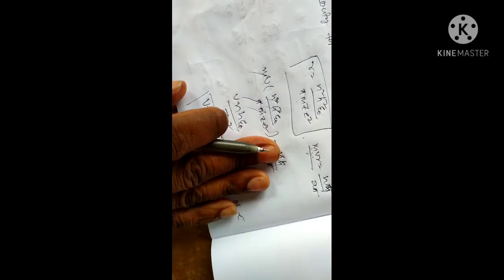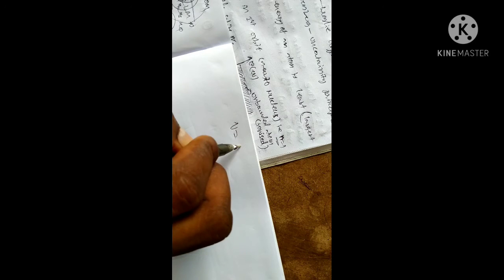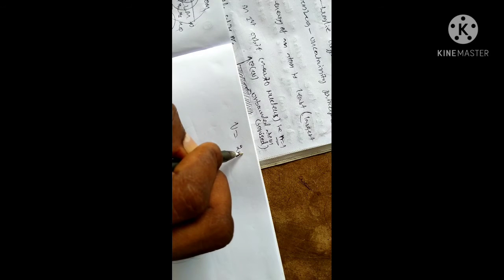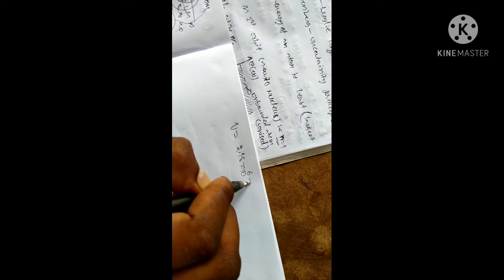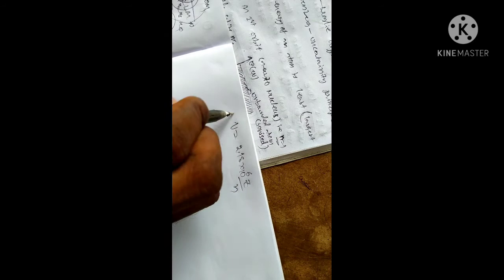Suppose you know the h value, n value, epsilon naught, and e square values, and substitute, we get the velocity value v is equal to 2.18 into 10 to the power of 6 z by n.